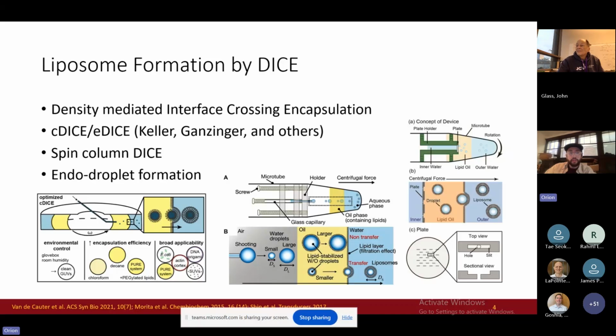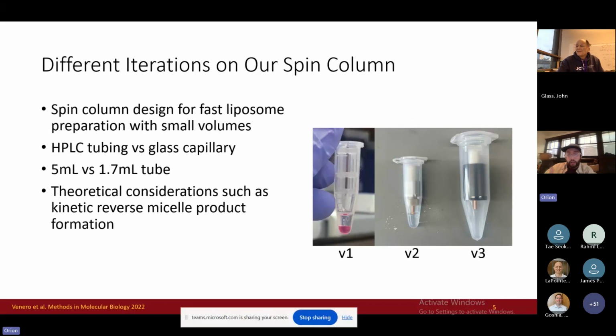And in 2022, we developed a 3D printed version to avoid some of the more complicated manufacturing processes associated with the tight tolerances of the rigid glass capillary. And this was our version 1 of the spin column, in a 1.7 mL tube.